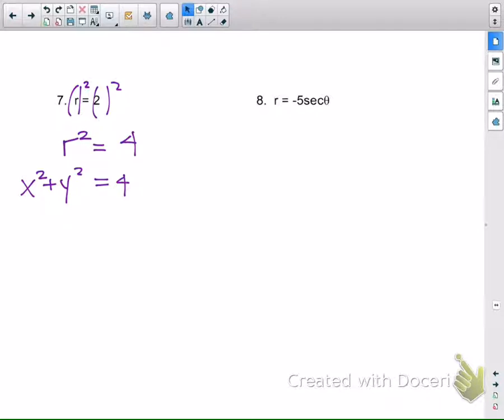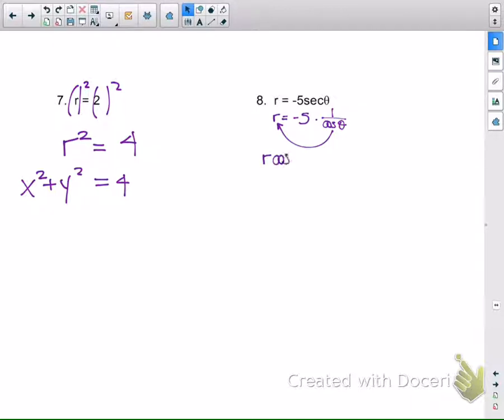Now number 8, last one. This is the first one that we've actually had to do some conversions with. What do I have to convert here? Secant. We don't like secant. What is secant the same as? 1 over cosine. Now, why does that help me? It's going to match up with our equations when I take my cosine and multiply it to the other side.